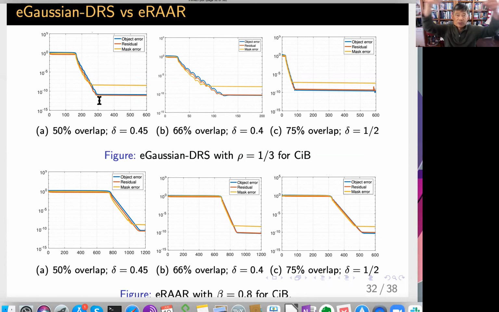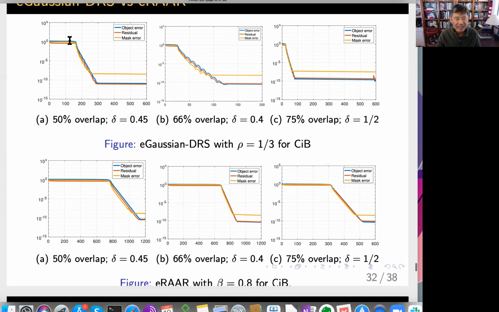Presumably you're wandering around in this wilderness, not getting anywhere. Somehow the algorithm enters that linear convergence regime, and once it gets there, it doesn't get out. It just zooms in on the object and the mask at the same time.